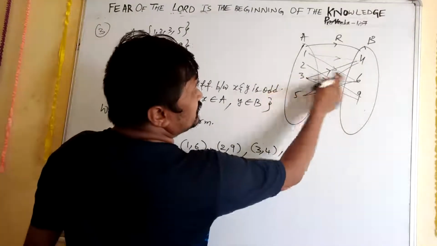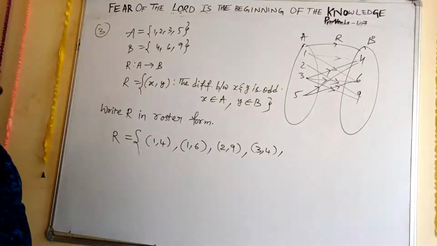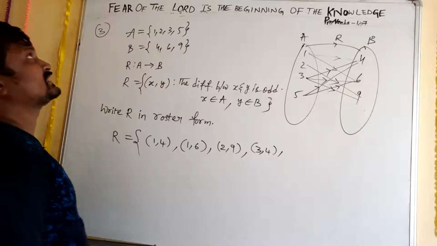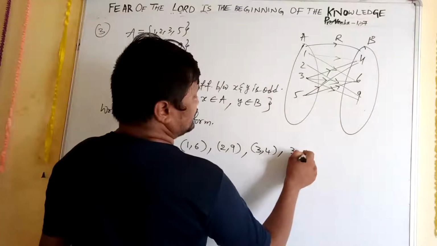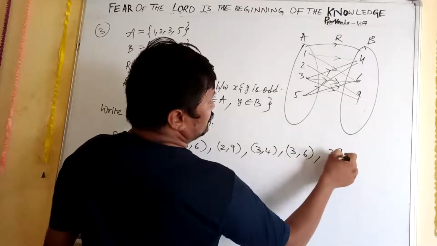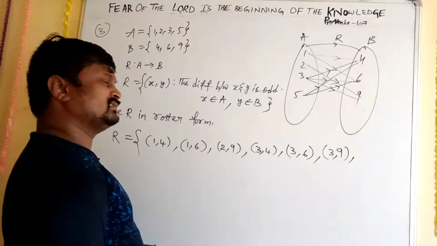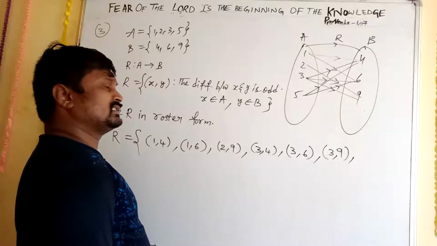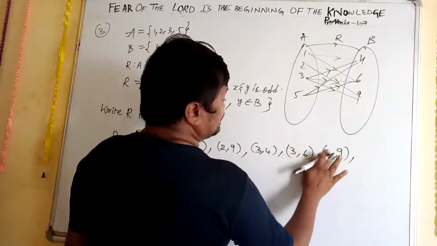Next one, (3, 6). I think 3 6 is possible: 6 minus 3 is 3. So (3, 6) is possible. What about (3, 9)? 3 minus 9 is 6, and 6 is not an odd number, so it is not possible.